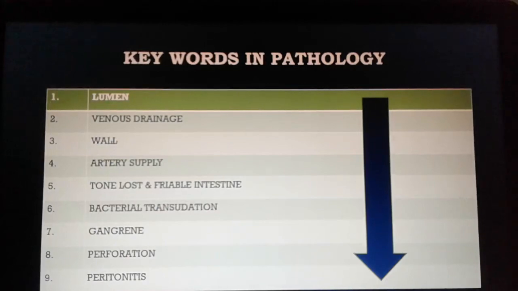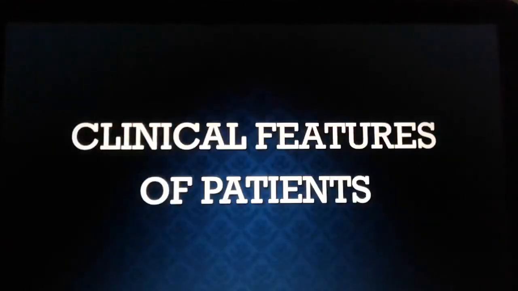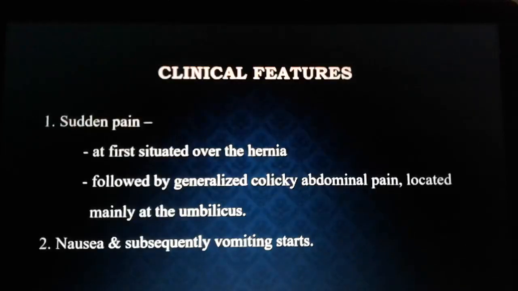Usually this pain is initially situated over the hernial site, and if it gets obstructed or strangulated, it may be followed by generalized colicky abdominal pain, mainly located at the umbilicus level, right? Why is it located at umbilicus level?